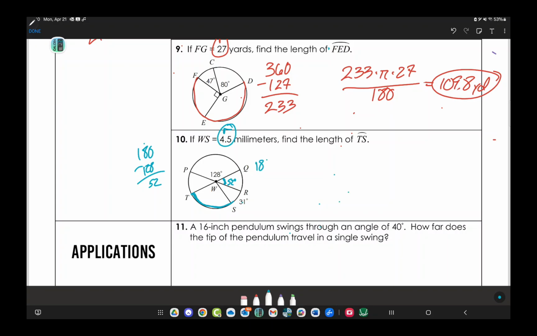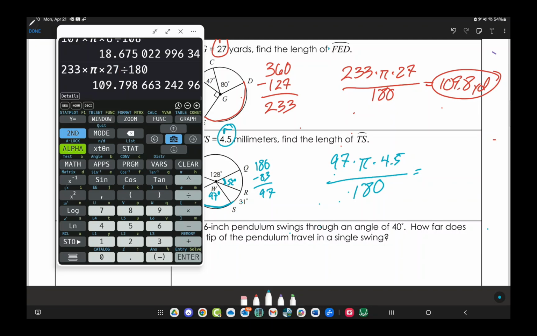So 180 minus 83 is 97. So 97 degrees times pi times 4.5 divided by 180 is 7.62 millimeters.